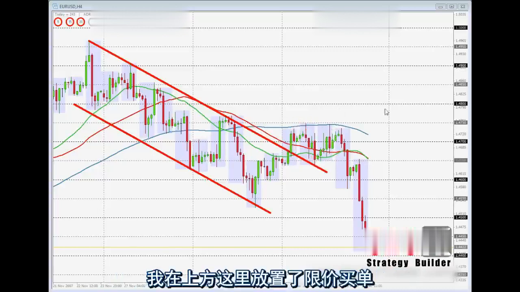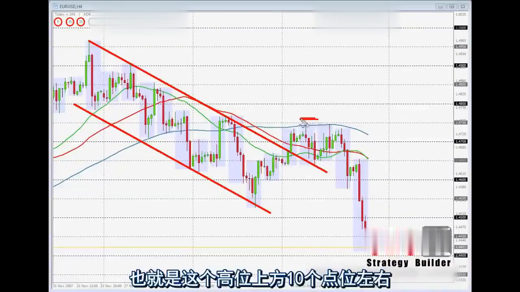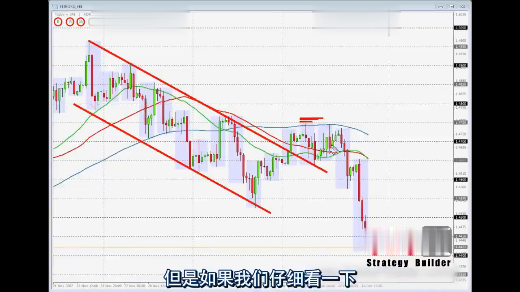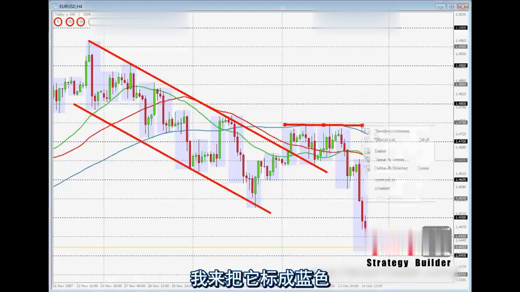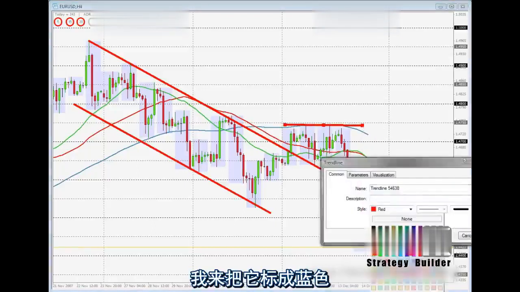I had my buy order right there, about 10 pips above this swing high. But in fact, if we have a closer look at what price actually did after the breakout in the following days, price had basically been moving sideways. Let me mark that sideways price action in blue on my screen.